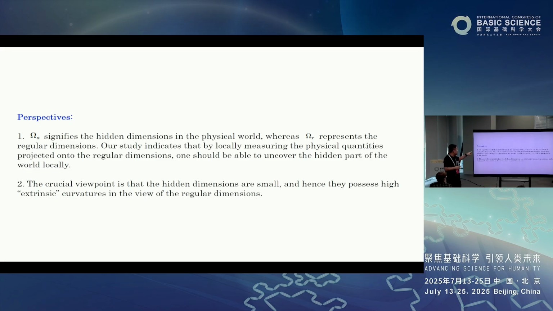Our study indicates that by locally measuring the physical quantities projected onto this regular dimension, if there is a physical process that generates some projected information onto this regular dimension, and we can do this measurement and observation, that's sufficient for us to uncover the hidden part of the world locally. So our theoretical study indicates this.